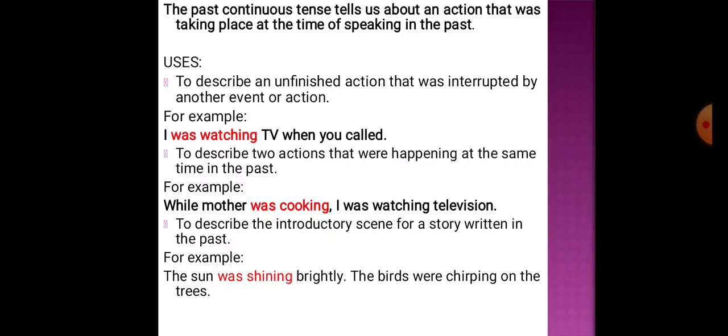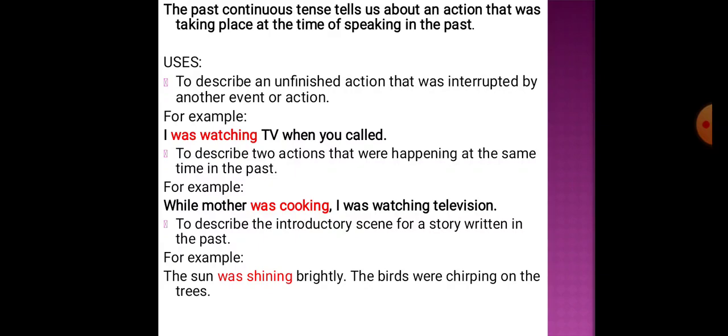This is also used to describe two actions that were happening at the same time in the past. For example, while mother was cooking, I was watching television.